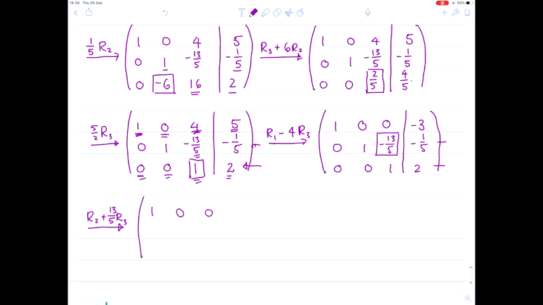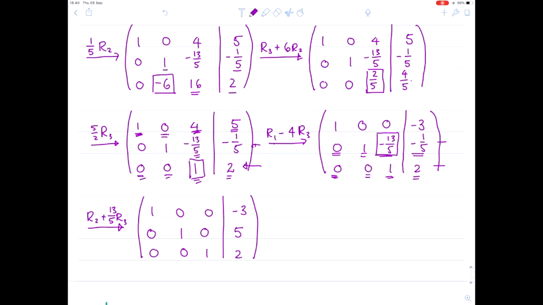So row 1 is not changing, row 3 is not changing, and now we go 0 plus 0, which is 0, 1 plus 0, which is 1, minus 13 fifths plus 13 fifths is 0, and now we've got minus 1 fifth plus 26 fifths, which is 25 fifths. 25 fifths is the same as 5. Phew, so that was quite a lot of work, but notice what this has given us.